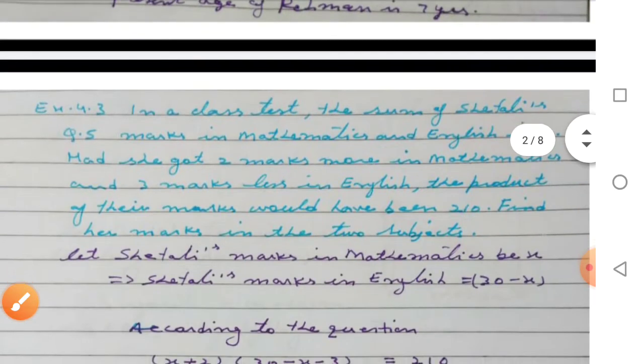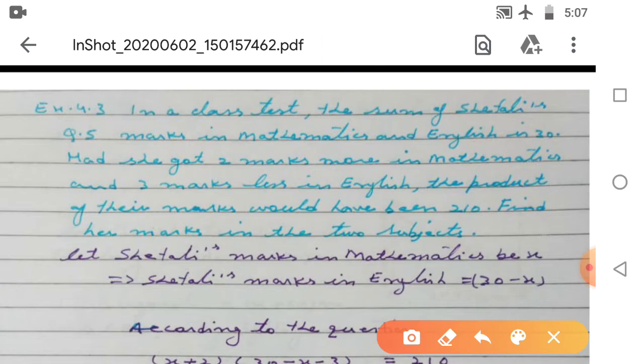Now, come to question number 5 of this exercise 4.3. The question is: in a class test, the sum of Shefali's marks in mathematics and English is 30.